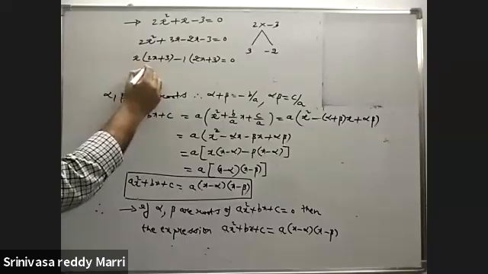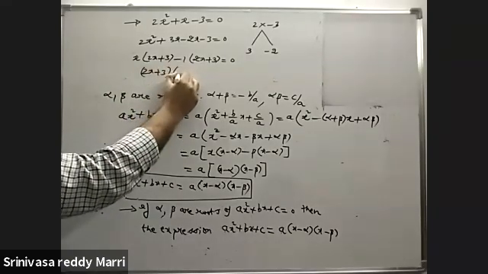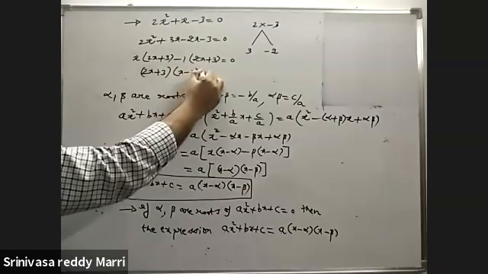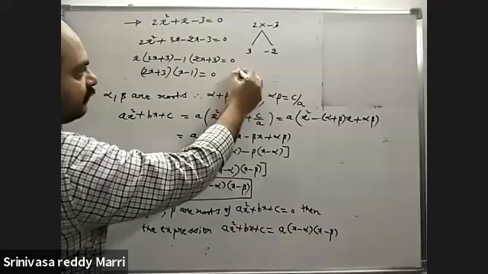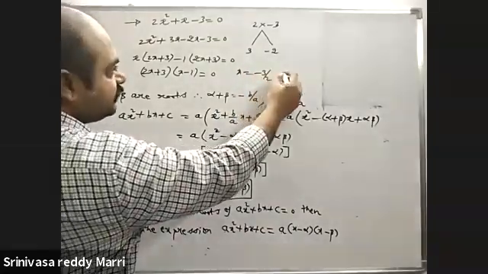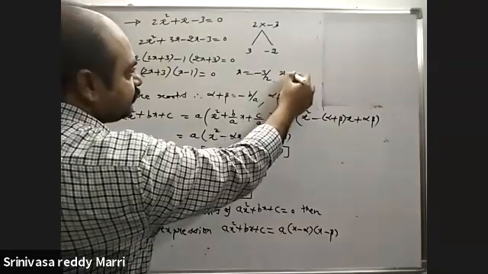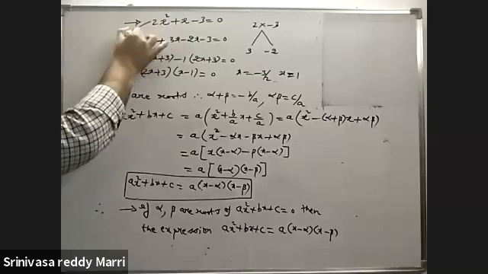So we will take 2x plus 3 common. That means what you will get are the roots. If this equal to 0, you will get x equal to minus 3 by 2. If this equal to 0, you will get x equal to 1.